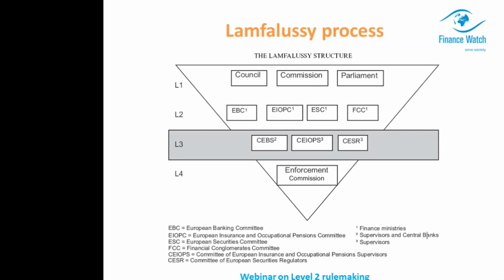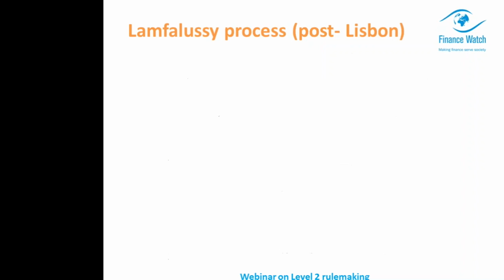And then the whole power and possibilities changed about the decision-making process. So now we have the Lamfalussy process after Lisbon, so post-2009, because it also can be confusing, because the Lisbon Treaty added the 2 articles that we are going to talk about a little bit later, 290 and 291.